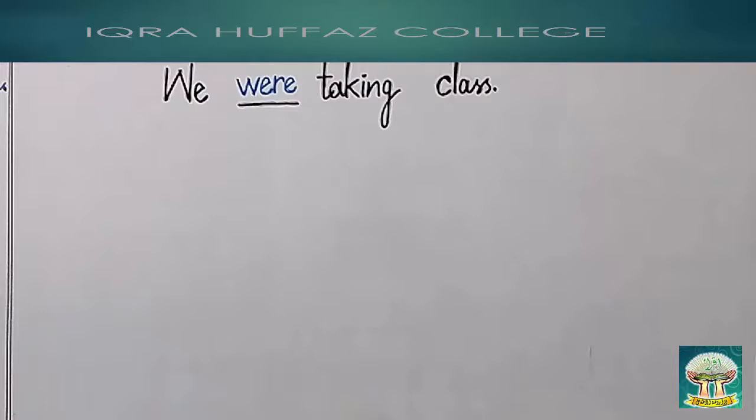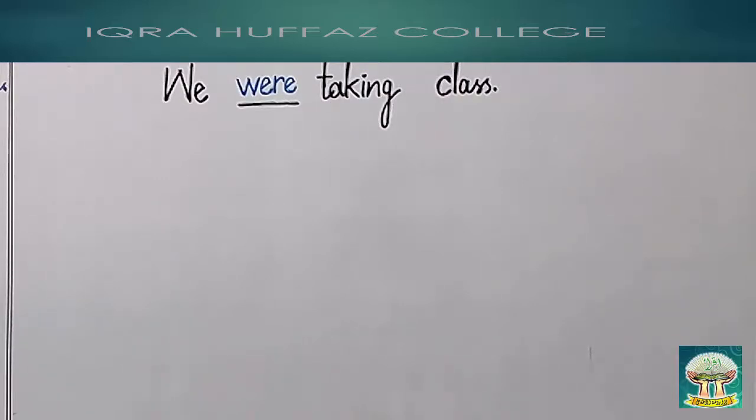Now look at the board again. What is the difference between the previous sentence and this sentence? Yes, the difference of auxiliary verb. First I used are as auxiliary verb, and now I have used were as auxiliary verb here. And now this sentence belongs to past. It's no more of present.